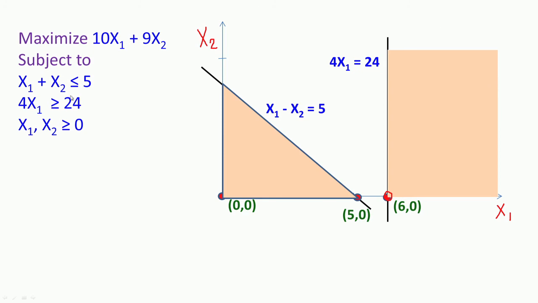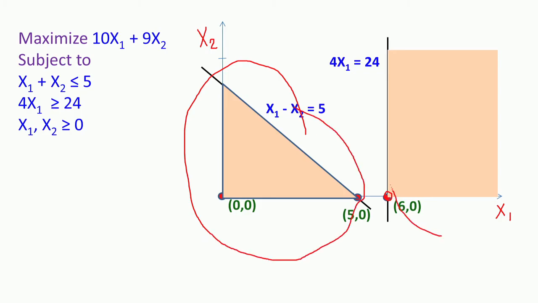Now, if we look at the feasible region associated with the two constraints, for one constraint this portion is the feasible region, and for the other constraint, the feasible region is somewhere here.